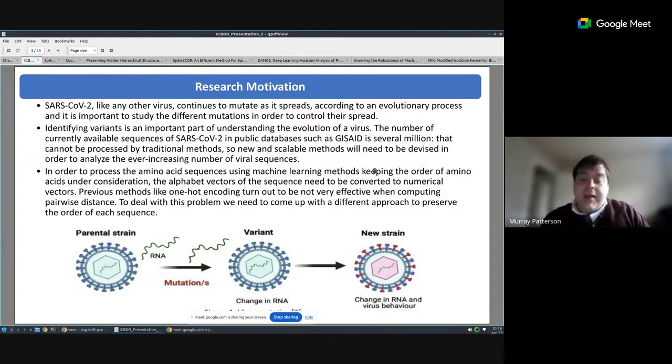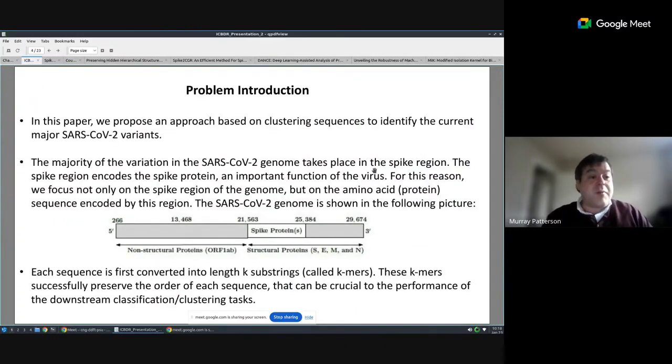Never in the history have we sequenced one virus this much, and it's not very diverse compared to, for example, hepatitis or HIV. But the data is here, so we took advantage of it with different methodologies.